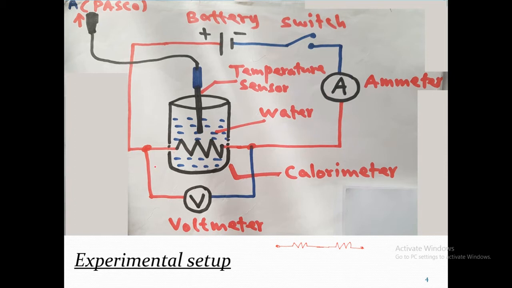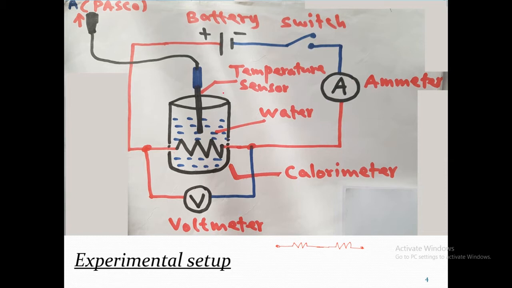To these two connecting ends, you connect a voltmeter over here in parallel, and you connect an ammeter in series. One end of the element is connected to the positive terminal and the other to the negative terminal through the ammeter and switch.